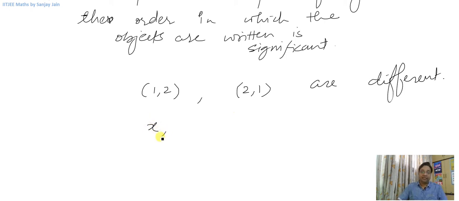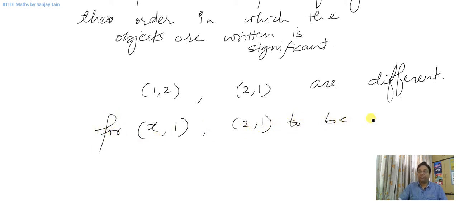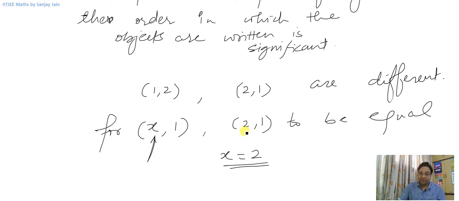And if I write x comma 1 and 2 comma 1, now for x comma 1 and 2 comma 1 to be equal to each other, it should happen that x is equal to 2, otherwise they cannot be equal. So for them to be equal, the first entry of both these ordered pairs should be equal and the second entry of both these pairs should be equal.